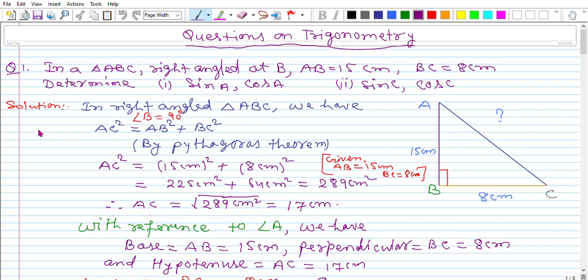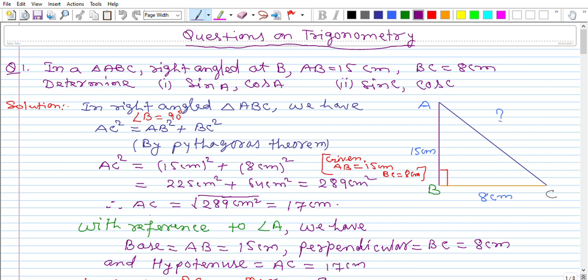Today we will do a few questions on trigonometric ratios. First question, it is visible for all. In a triangle ABC, right angle at B, AB equal to 15 centimeter, BC equal to 8 centimeter, already given.